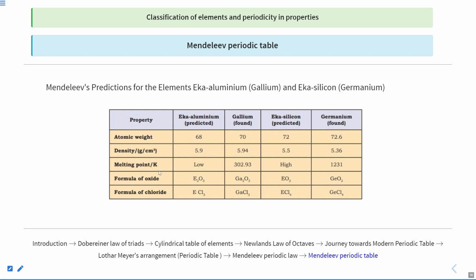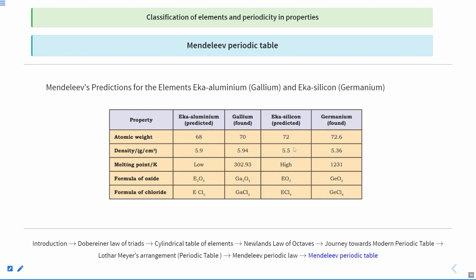He also predicted the form of the oxide, E2O3, and that is the truth, it forms Ga2O3. The chloride formed by eka aluminum, or gallium, he said will be ECl3, and yes, it came out to be GaCl3.